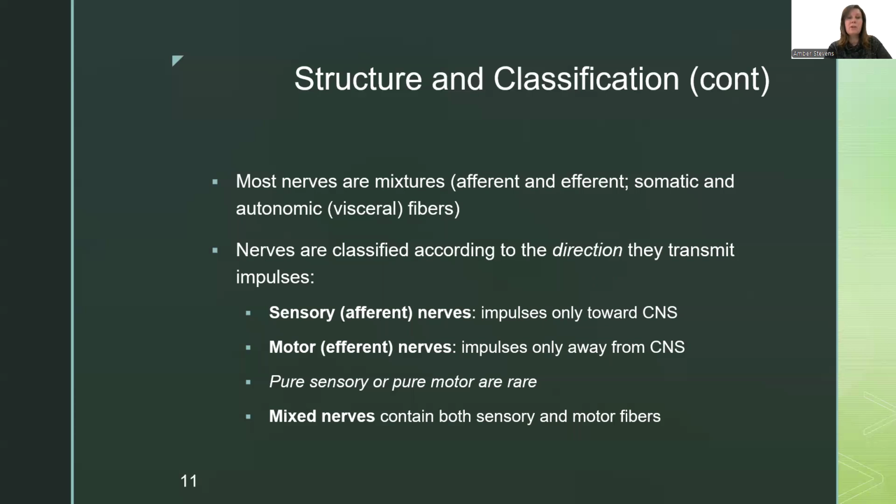Okay, so finding purely sensory or purely motor nerves is pretty rare. Most nerves contain both sensory and motor fibers. And we're going to talk about which nerves have both, and which have one or the other, later on in this PowerPoint as well.